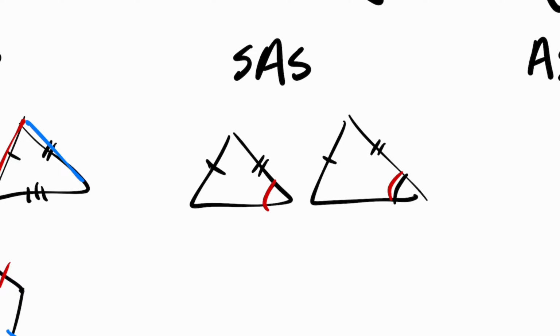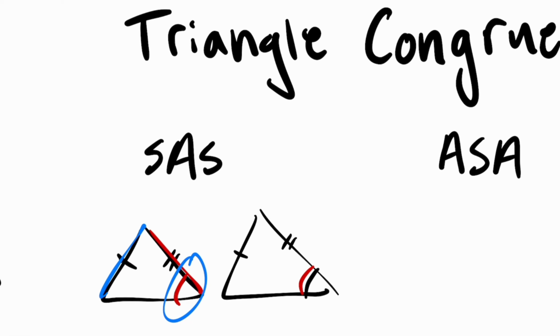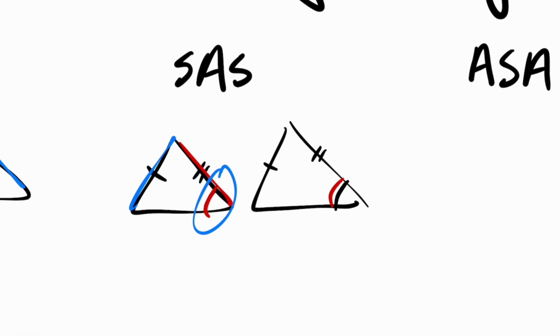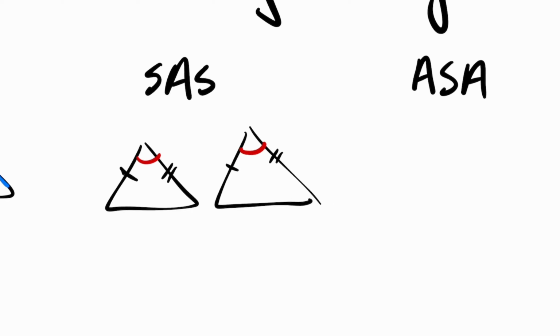This angle is, you could say, touching this side, but not the other one. So it's not really in between them. It's sort of just hanging off on one end over here. So with SAS, the angle that's marked has to be in between those two. Oh, here, let's get rid of them. Has to be between the two congruent marked sides.